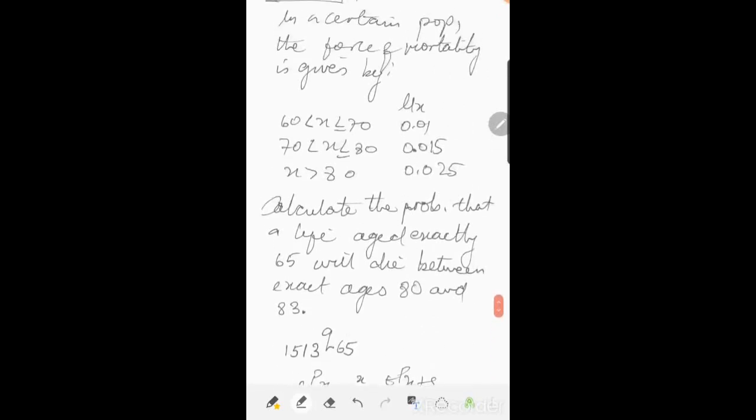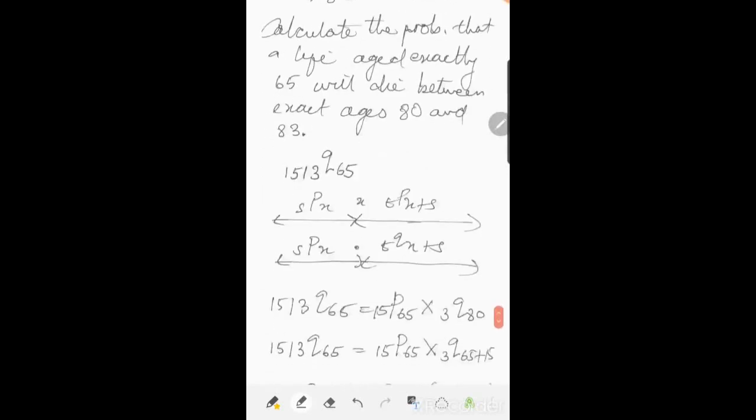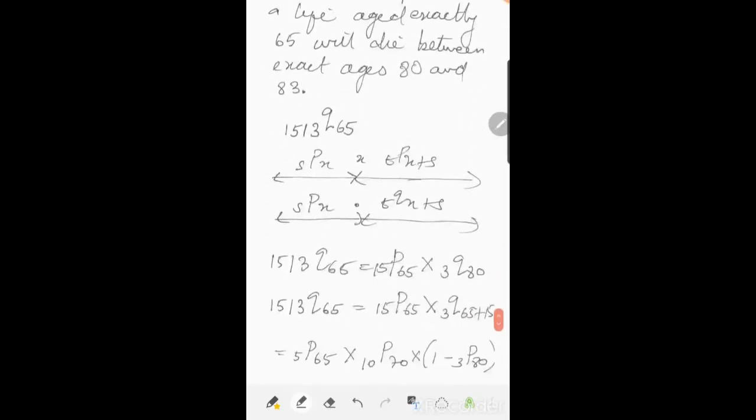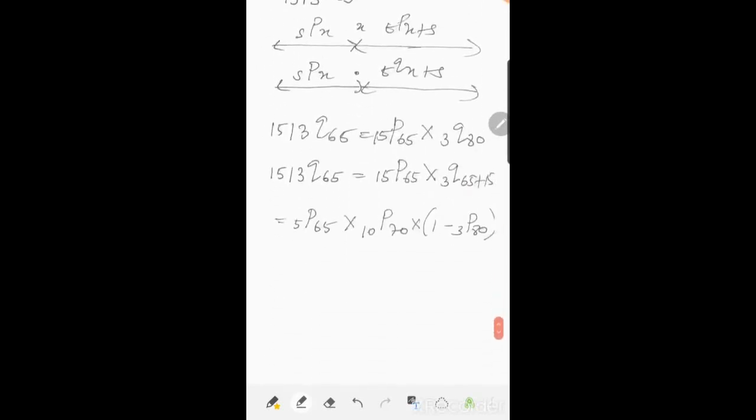We need to calculate the probability that a life aged exactly 65 will die between 80 and 83. 65 is between 60 and 70, and our mu x is 0.01. So that is 60 to 70, but we're starting at 65, so the time is 5. From 65 to 70, that's 70 minus 65, that's 5.